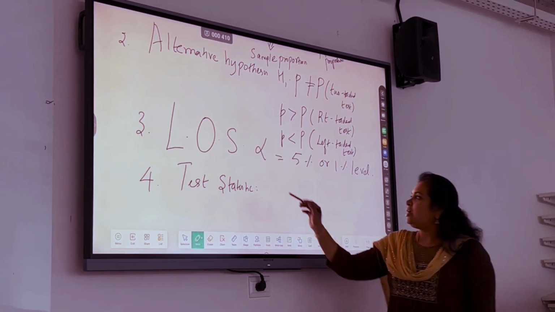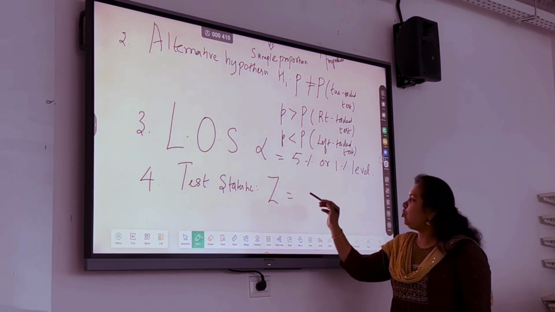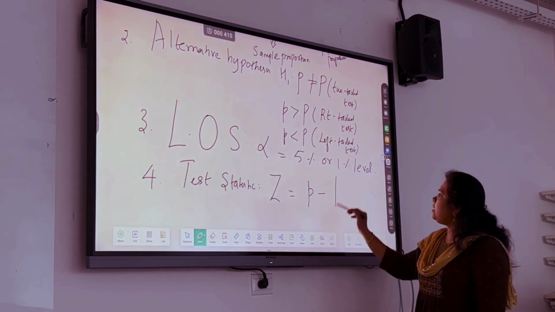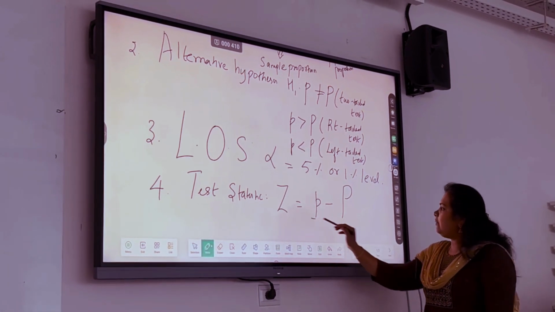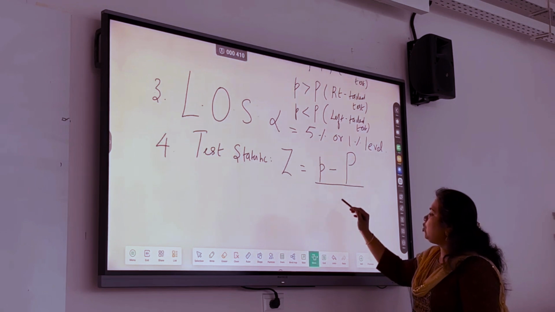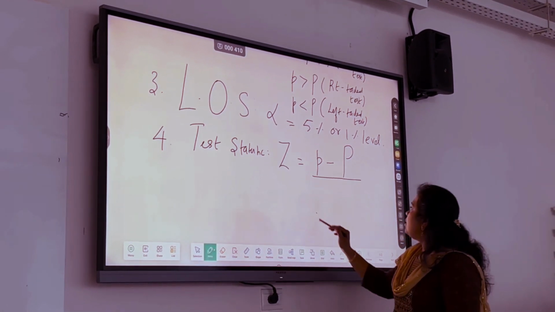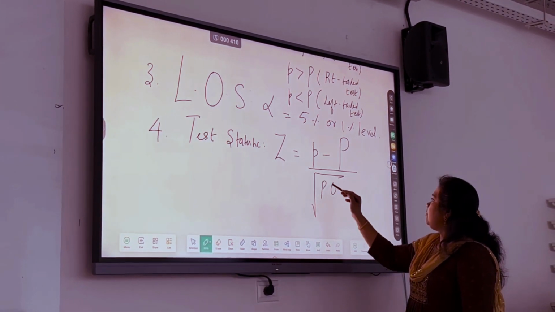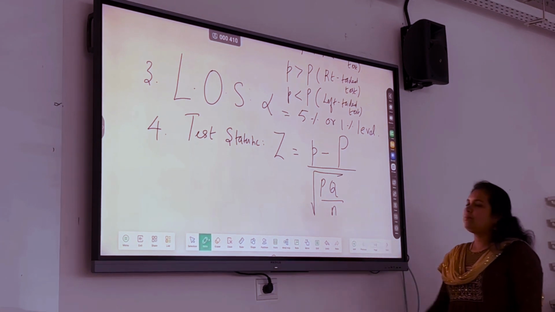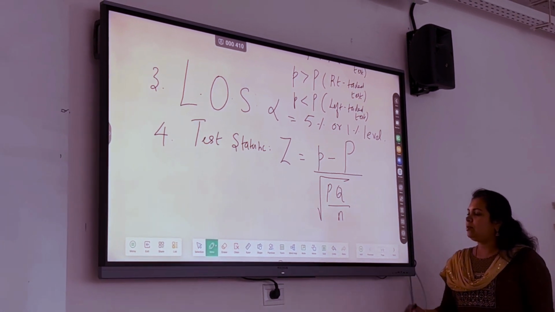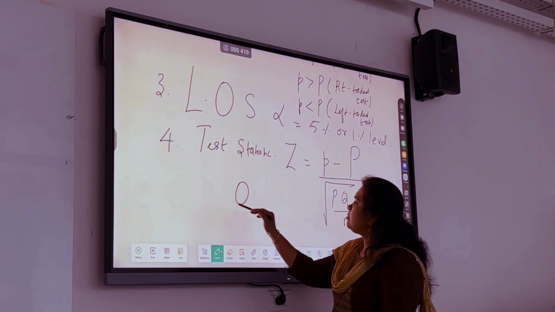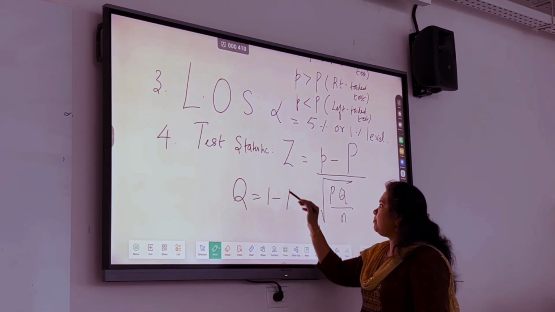Test statistic is denoted by Z equal to small p minus capital P divided by under root PQ by N. So Q is 1 minus P.